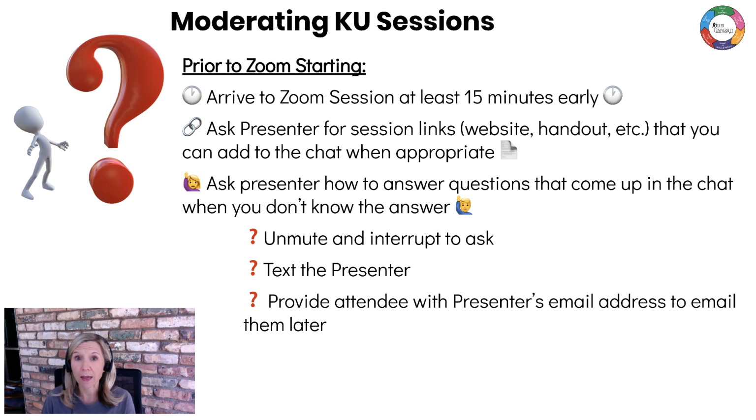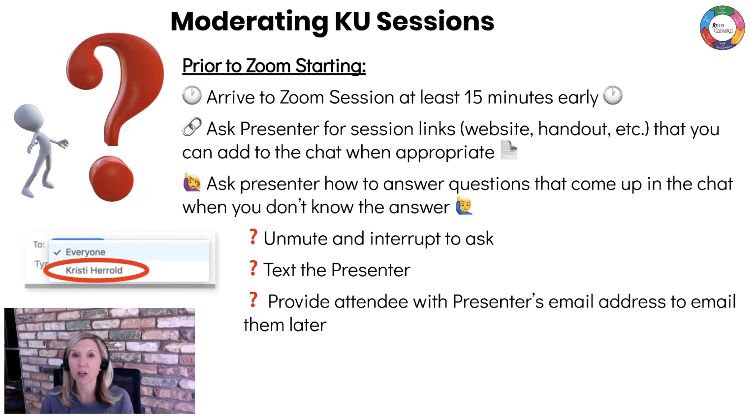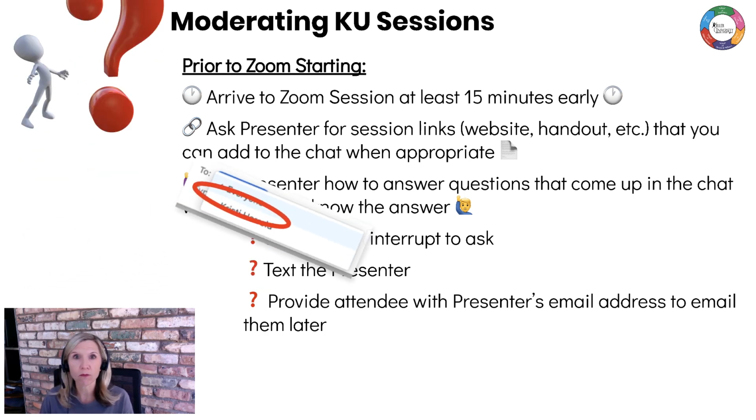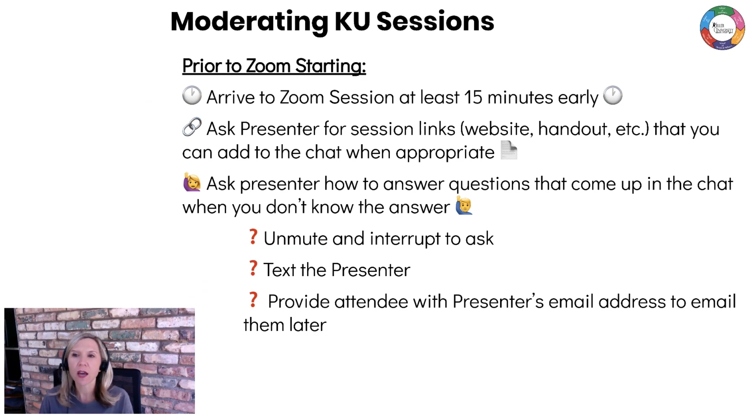Do they want you to text them? That might be a solution if they share their cell number with you. Or do they want you to privately message those people with questions and ask them to email you at a later date? So just have that quick conversation before the session.